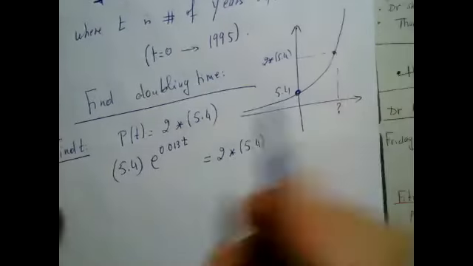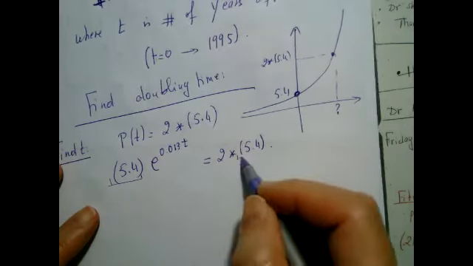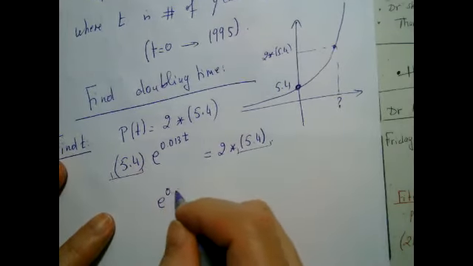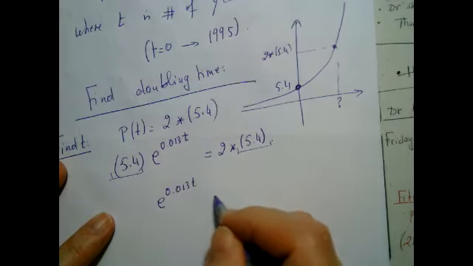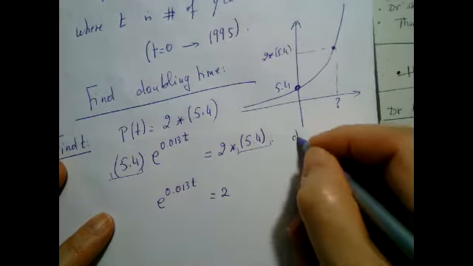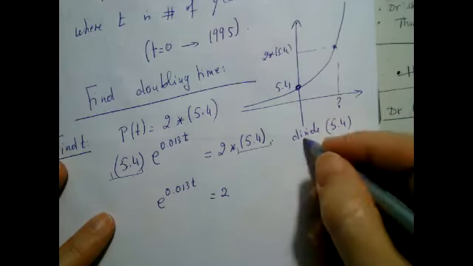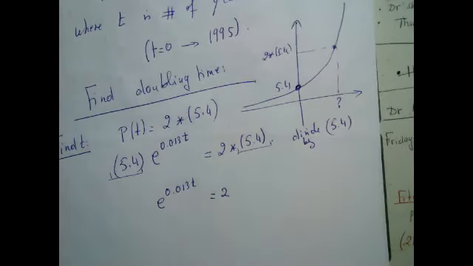So now I need to solve. I'm going to divide by 5.4 on both sides. And this will give me e to the 0.013t equal to 2. As you realize, the initial value always gets cancelled out. So the initial value doesn't really matter.